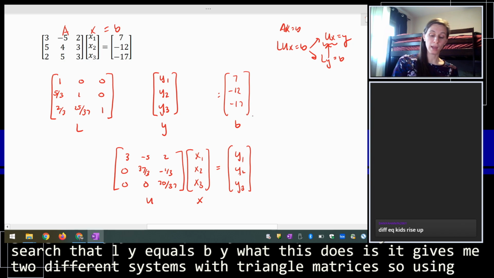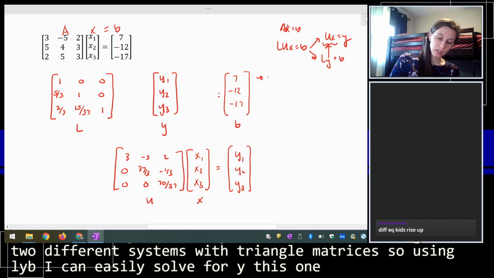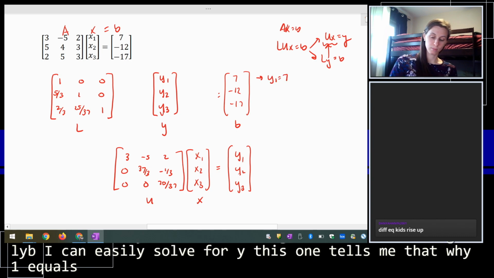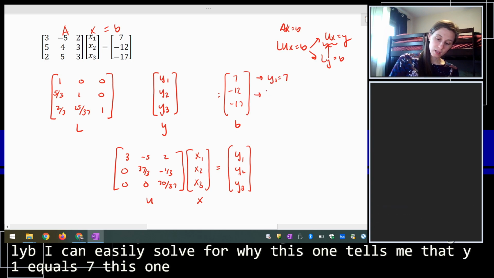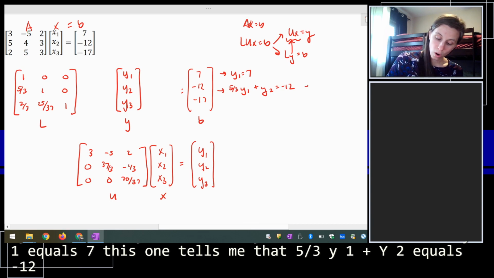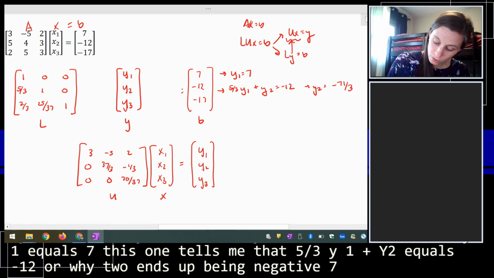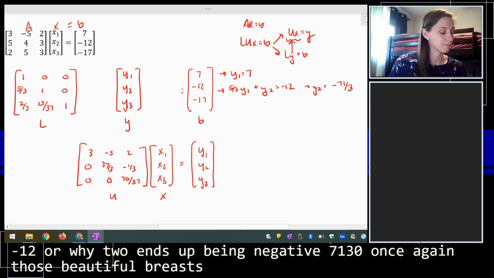So using LY equals B, I can easily solve for Y. This one tells me that Y1 equals 7. This one tells me that 5/3 Y1 plus Y2 equals negative 12, or that Y2 ends up being negative 71/3. Once again, those beautiful fractions.